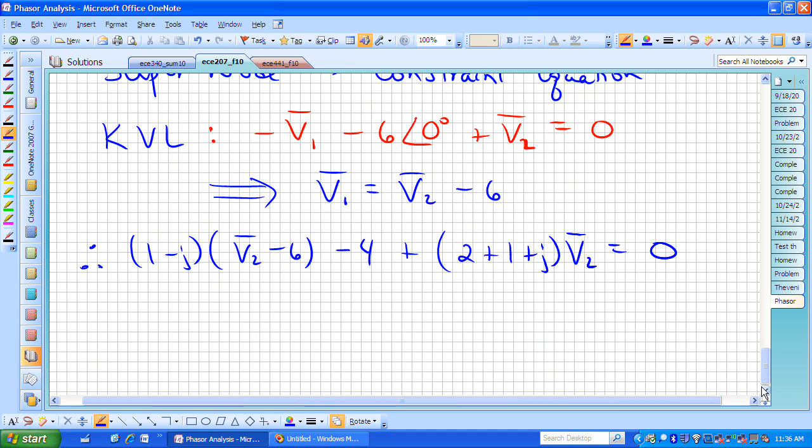And if I do the algebra, let me group all of my coefficients associated with V sub 2. I have 1 minus j, and now let me put in the plus 2 plus 1 plus j. That's V2. And let me move the other pieces to the right hand side. I have a 4 piece, and I have a 6 times the 1 minus j.